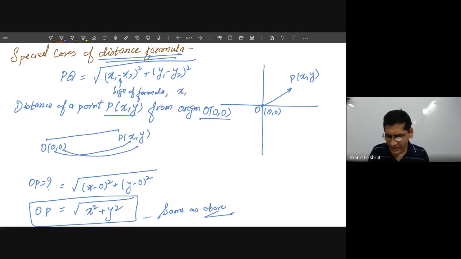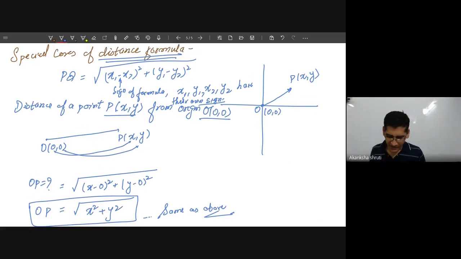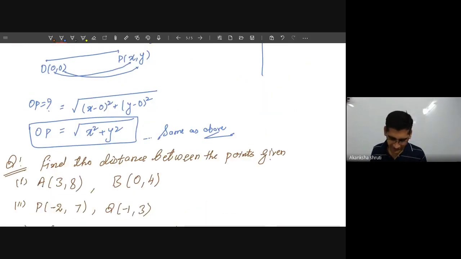But these x1, y1, x2, y2 also have their own signs. So their signs are very important. Along with the sign, we have to substitute. That is the important thing we have to take care of. So this distance formula is applied along with the signs.